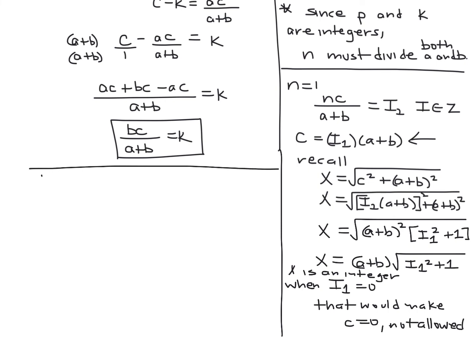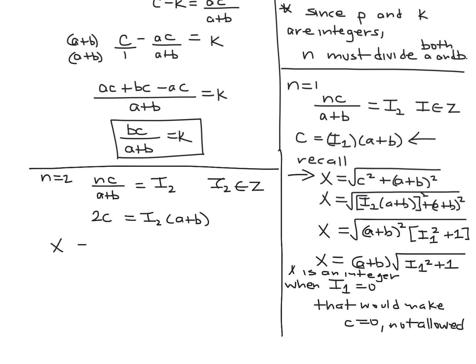Let's try n equals 2. Let's see what happens. When n equals 2, in a very similar way, we've got nc over a plus b is equal to, let's this time call it I2, where I2 is an element of the integers. So that means 2c, because n is 2, is equal to I2 times a plus b. And again, we do the same thing that we did over here. We substitute it into this formula. And when you do, you get x is equal to the square root of I2 times a plus b over 2, all squared, plus a plus b all squared.